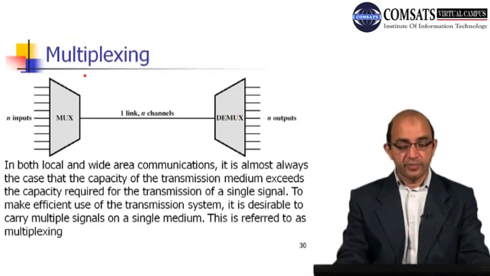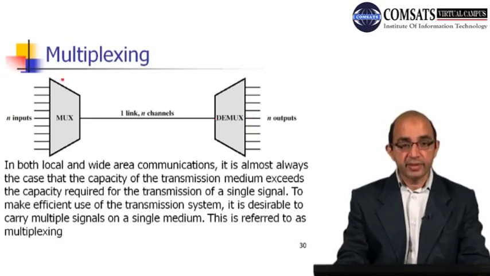So let's talk about multiplexing. Here we have n inputs, and we have n outputs, and there is only one link between the transmitter and the receiver.